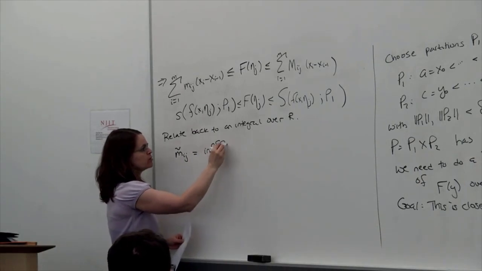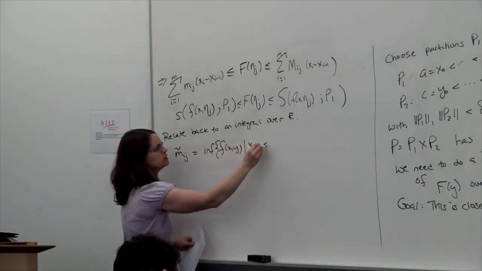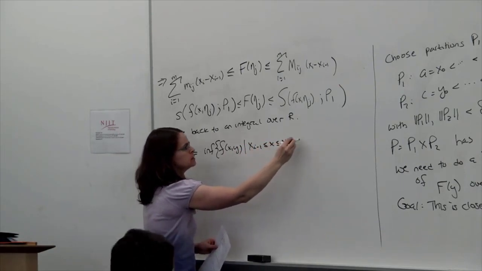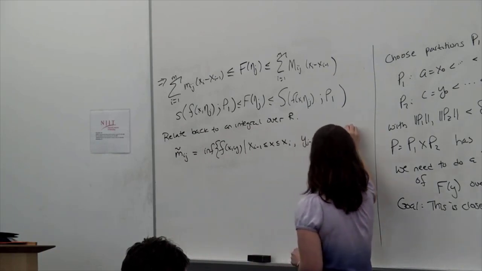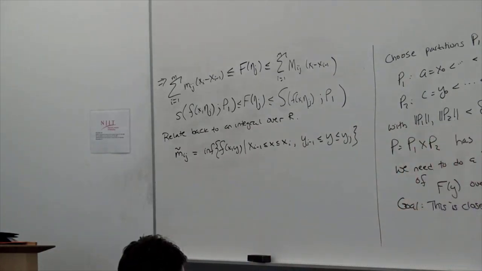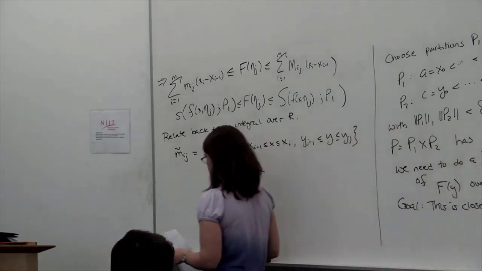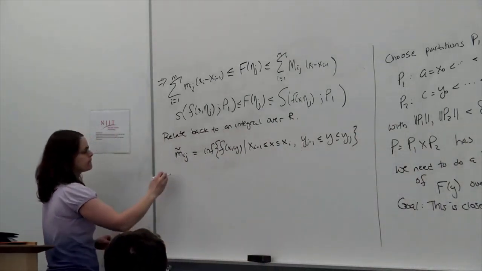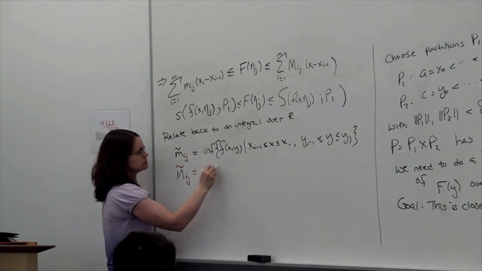So this is the infimum of f, but now over this two-dimensional region. Right, similarly, we get a capital M.